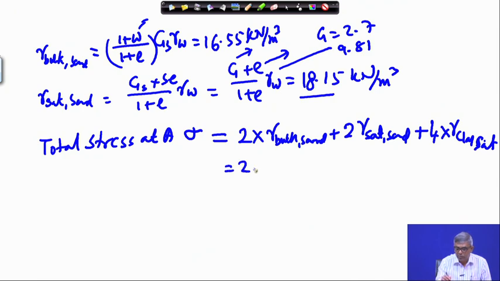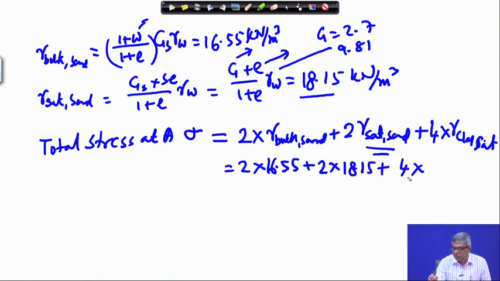So, this will be 2 into how much? It is 16.55 plus 2 into this is how much? 18.15 plus 4 into 19.62. So, this gives you 147.88.